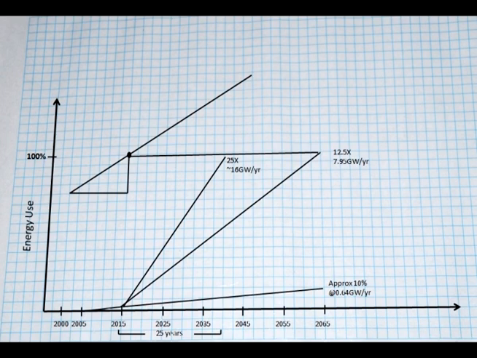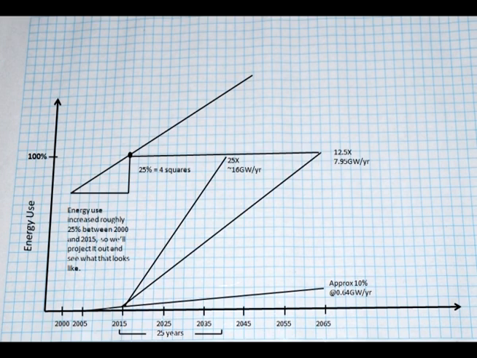So if I go 4 squares down and back in line with 2000 and start from there and then project through the 2015 energy use at 100%, then I can do a projection out into the future of our likely energy use if we keep increasing at the same rate as we did between 2000 and 2015.